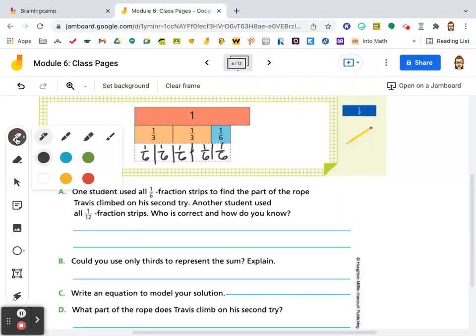Well, if we split the 1/6 in half, that would be 1/12. And if we did that to all of them, we would get an equivalent fraction. So that works. So both students are correct.